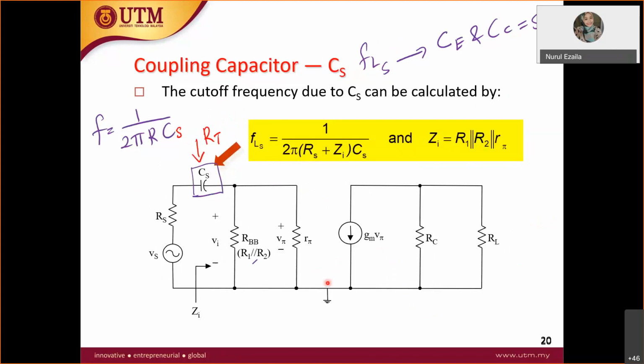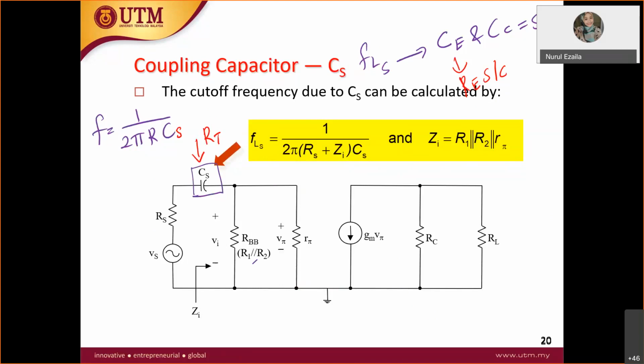That's why there is no RE over here. Because CE is short circuit, RE is also short circuit, so no RE over there. What can you see from here if I draw the equivalent circuit?